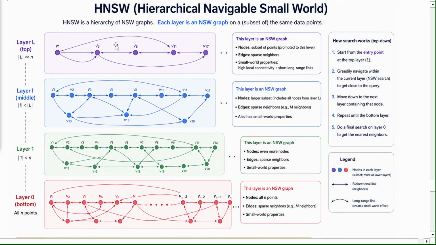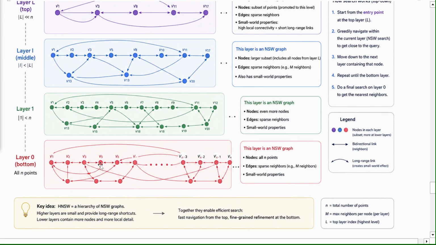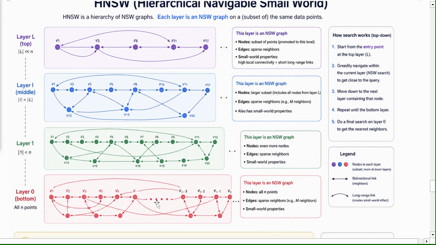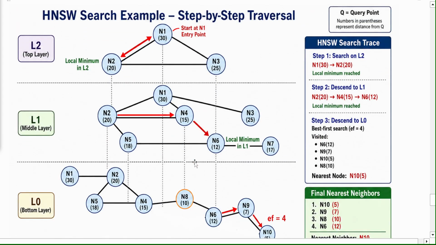Basically, if we have 2 nodes here, we have 2 into m number of nodes here. As I said, for HNSW p is equal to 1 by m, so that's how it will be. It will increase m times. I will explain with an example how exactly this HNSW works.